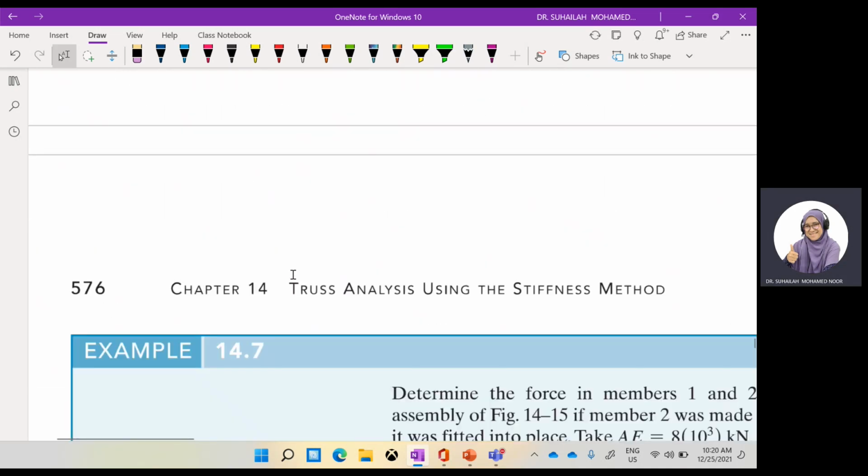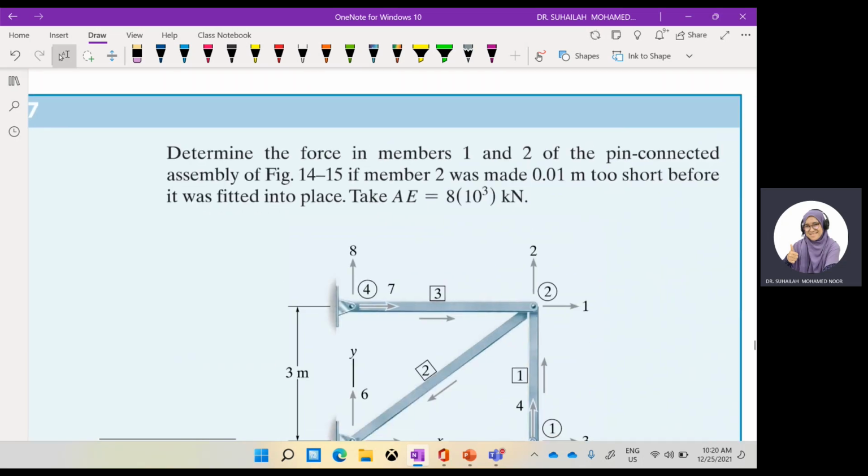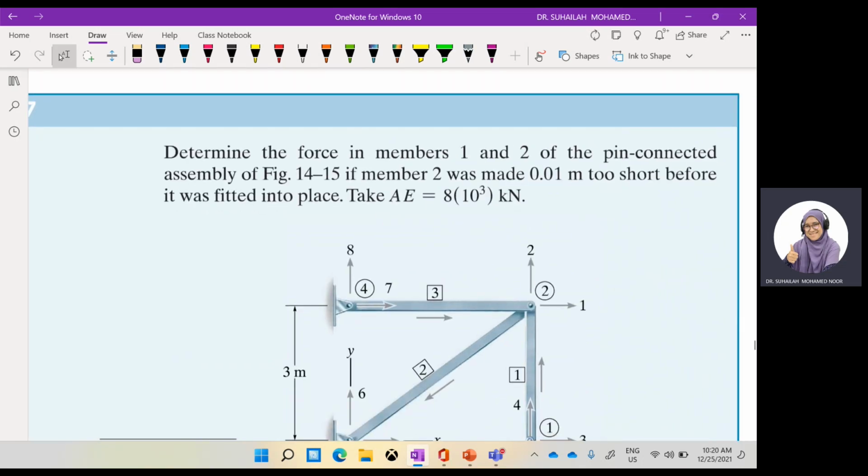So don't worry, we go through the example. I want to brief this first before I show you how we analyze the effect of temperature changes and fabrication error, based on the previous video that I made for you last week.